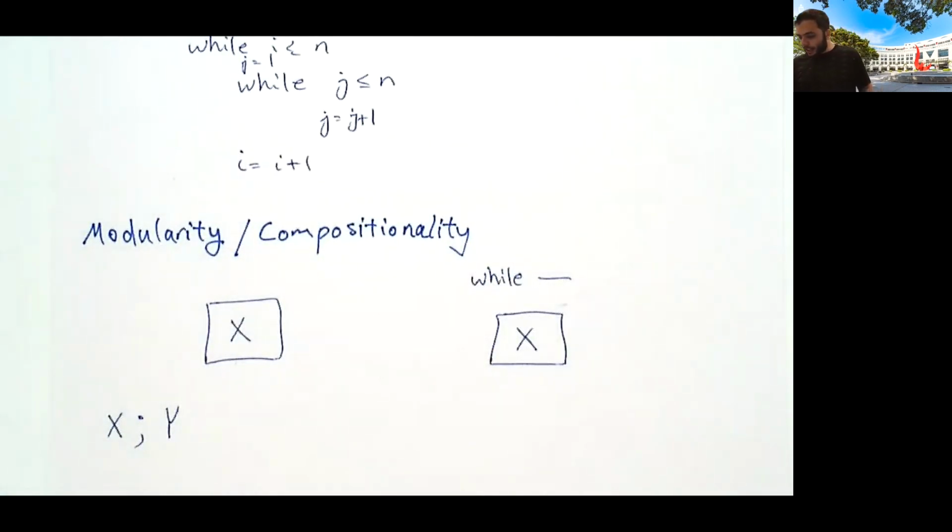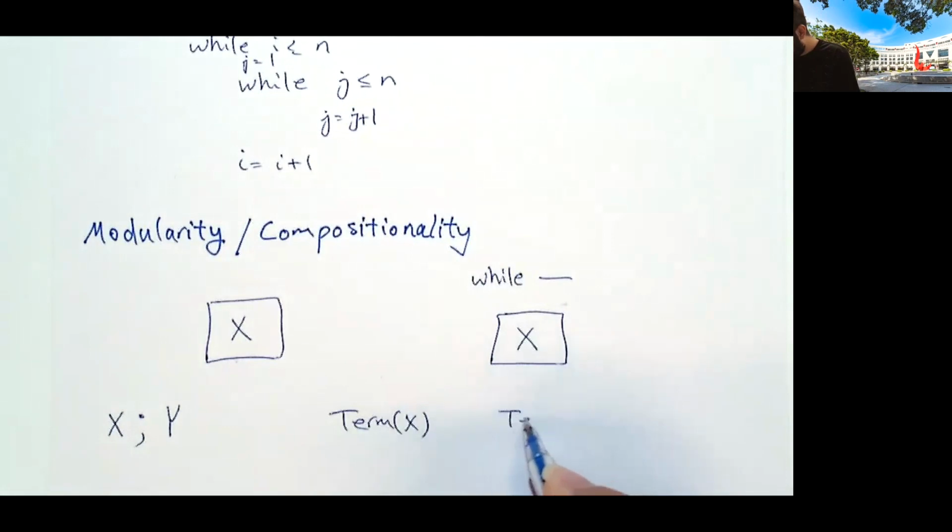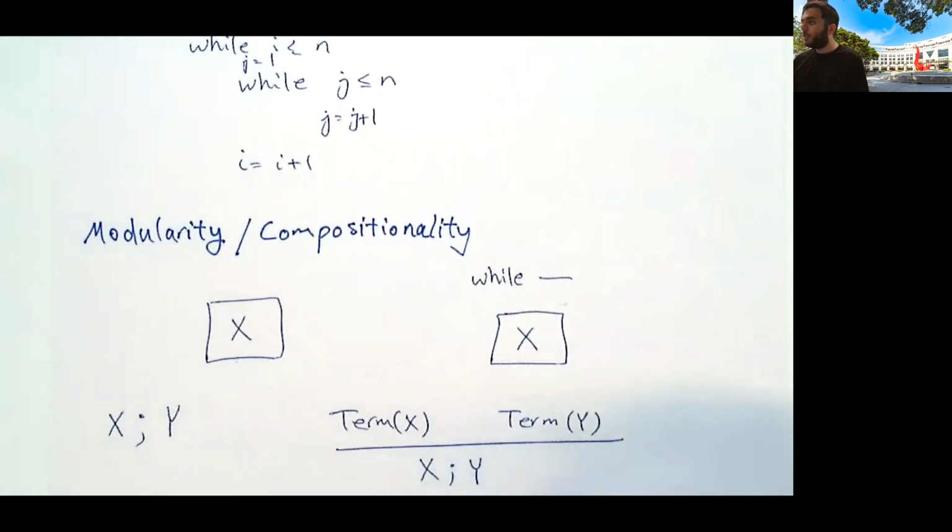So basically, I can have some sort of a termination rule. I can say that, let's say, term X means that X terminates. So what I can do is that I can say if X terminates and Y terminates, then XY will also terminate. Right. So how does this help?